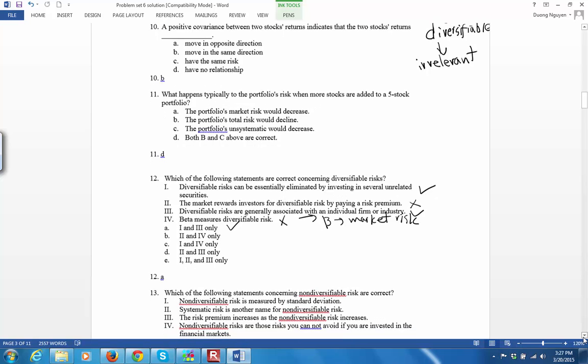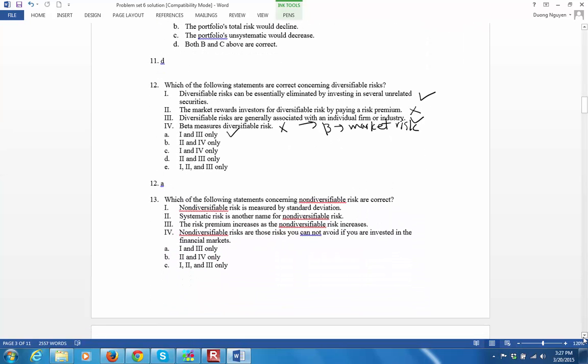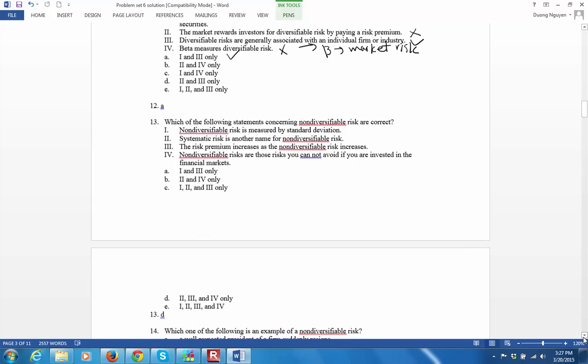Number 13, similar. Non-diversifiable risk is measured by standard deviation? No, standard deviation measures the total risk. Systematic risk is another name for non-diversifiable risk, which is true.